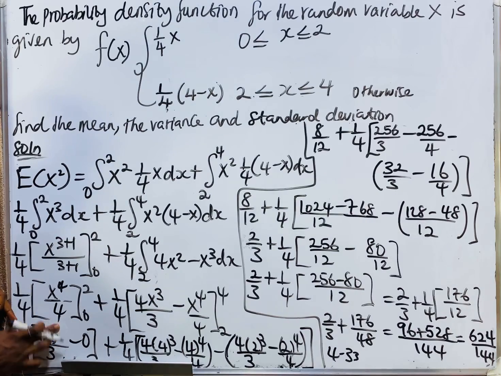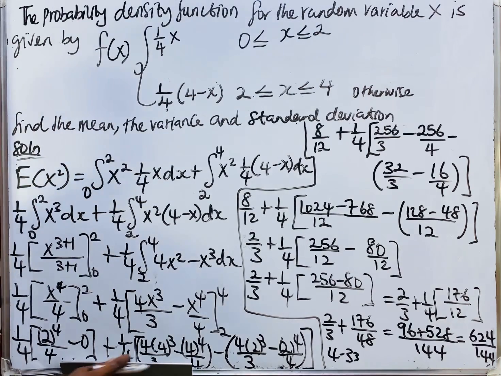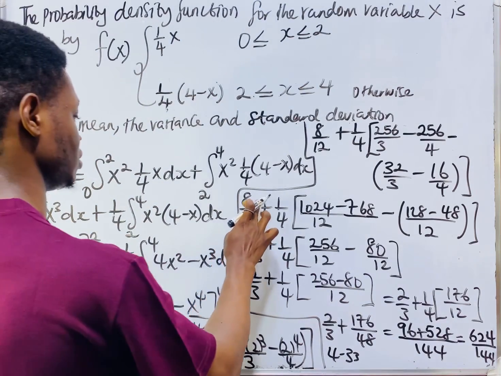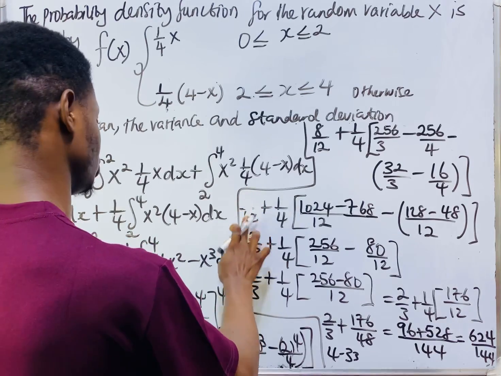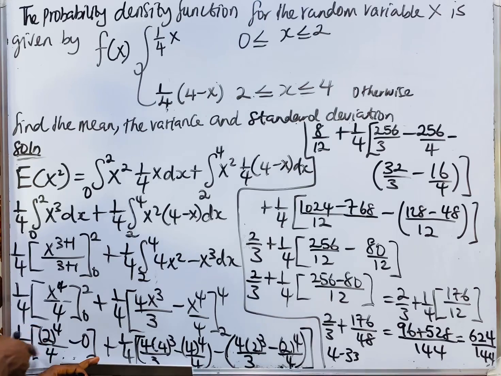So this thing will be 2 to the power of 4 over 4. 2 to the power of 4 is 16. 4 times 4 is 16.